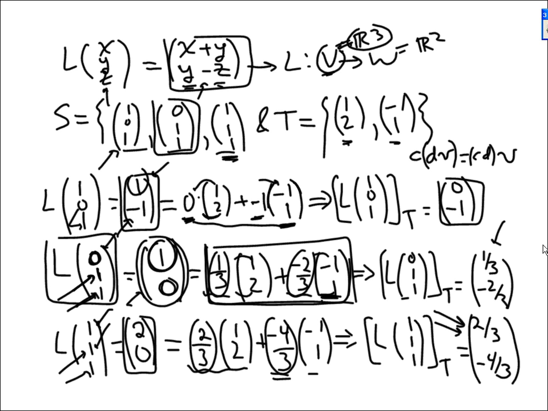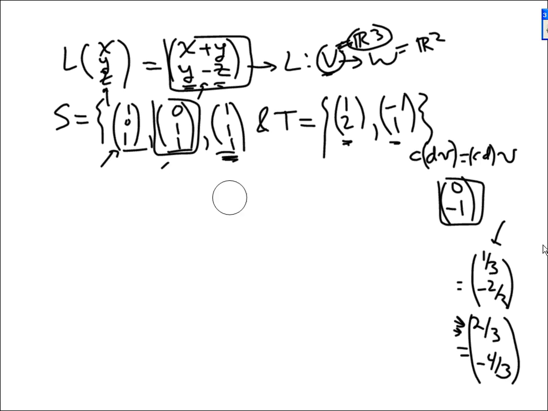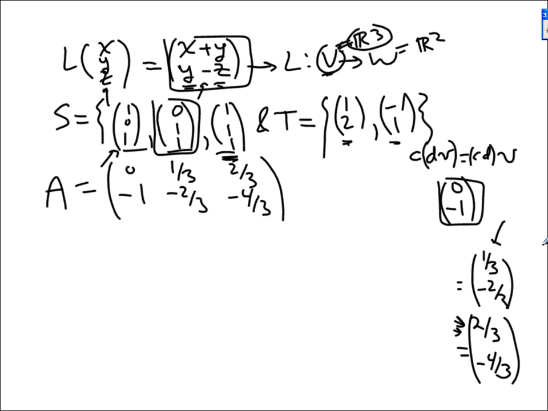So let's write it up. The matrix A is 0, negative 1, 1/3, negative 2/3, 2/3, negative 4/3. That is the matrix A.